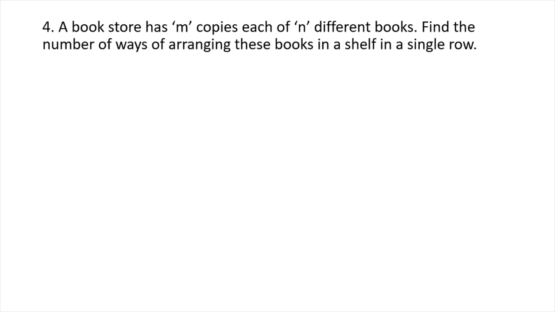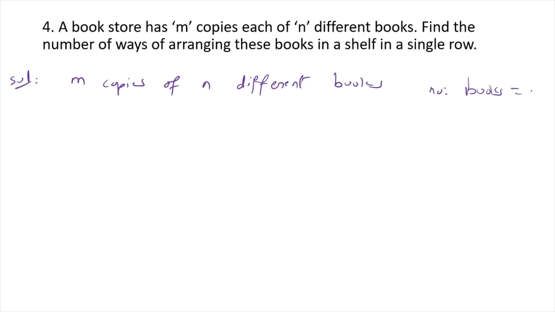But here what we have is m copies of n different books. So on the whole, the number of books is equal to m times n. But all these m times n books are not different.